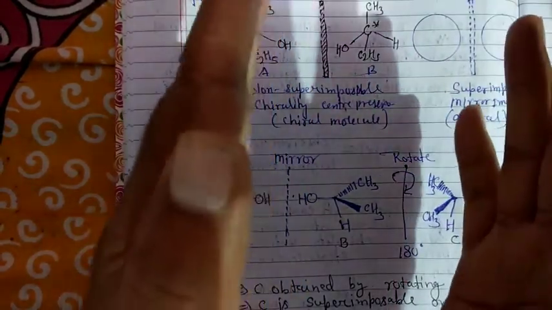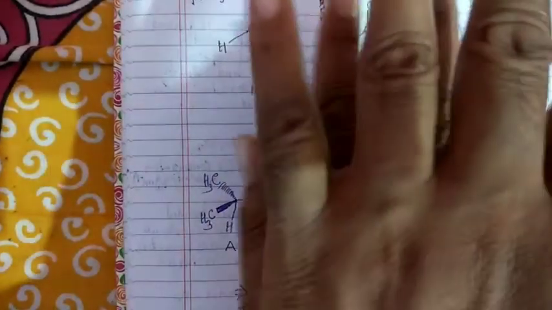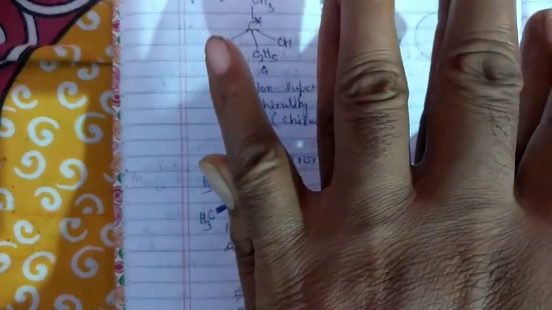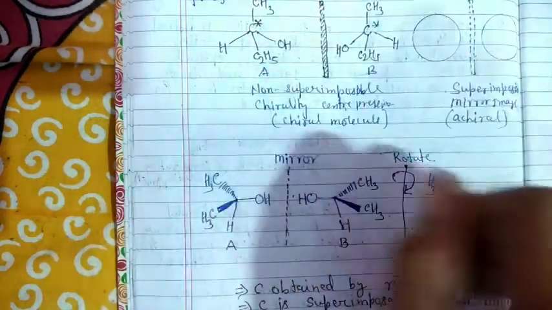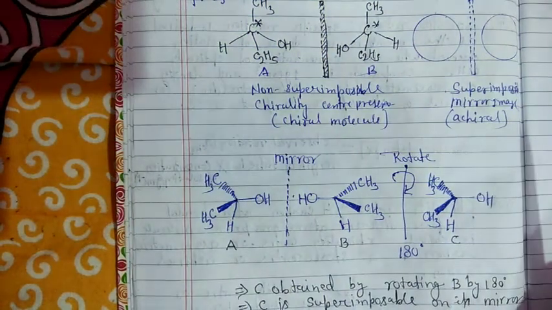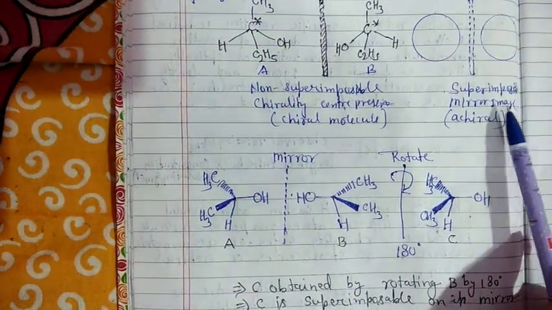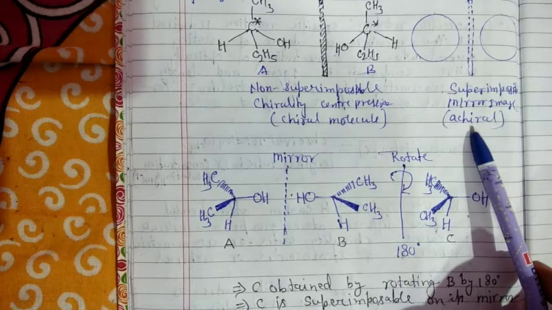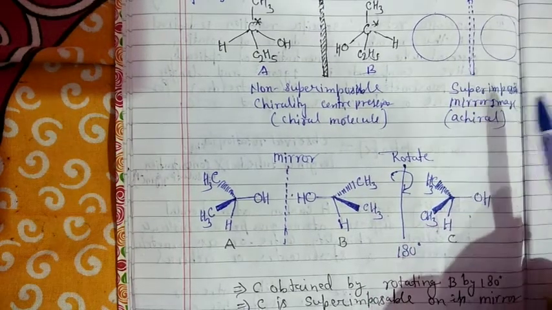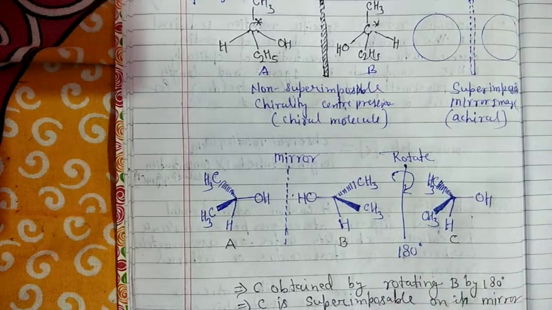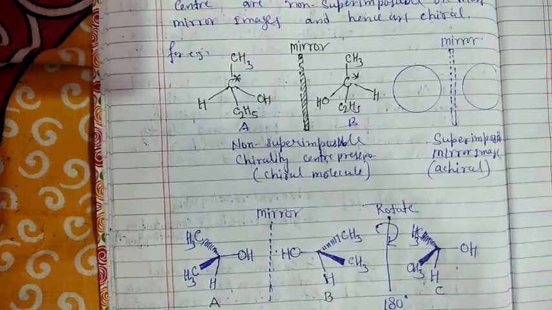This is the same mirror image, but when we put one above the other, they do not get superimposed, so it is chiral. If the molecule has a superimposable mirror image, it is called achiral. For example, spheres and cubes are all superimposable. Okay, students, do you have any problem understanding?